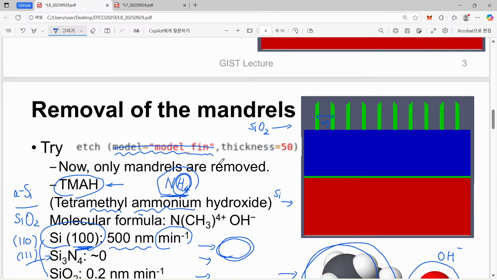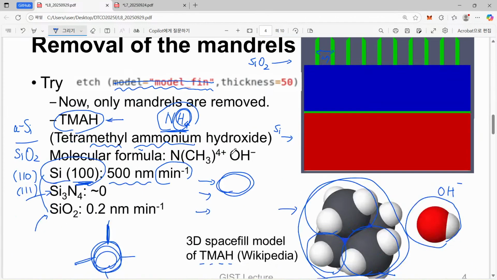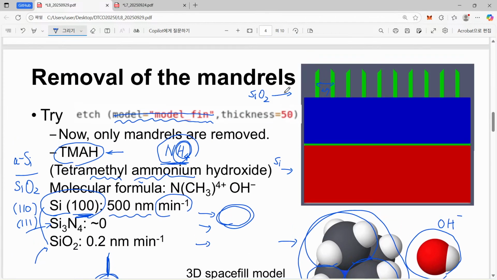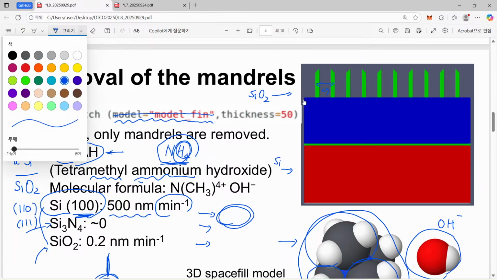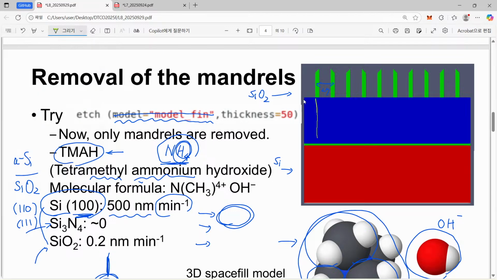If we say this one, silicon dioxide, then why don't you just drill down? If we just drill down this structure entirely, then maybe we can find, well, no, using this open area, this part is open and this part is open.